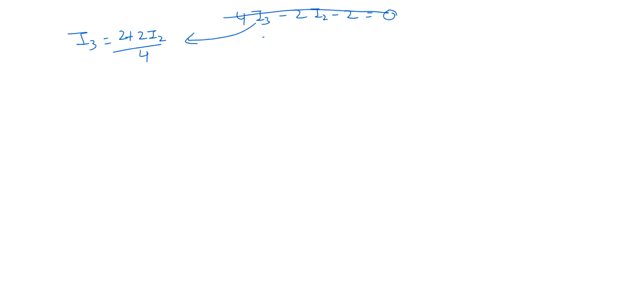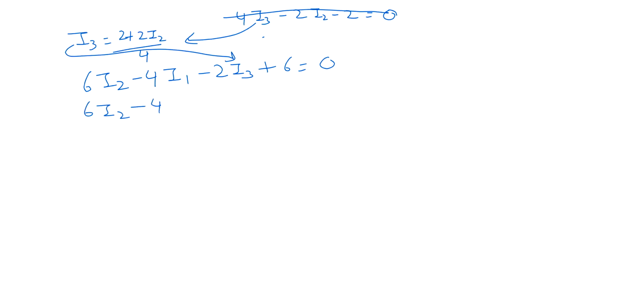That was 6I2 minus 4I1 minus 2I3 plus 6 equal to 0. Substitute the value of I3 in this equation: 6I2 minus 4I1 minus 2 times (2 plus 2I2) divided by 4 plus 6 equal to 0.